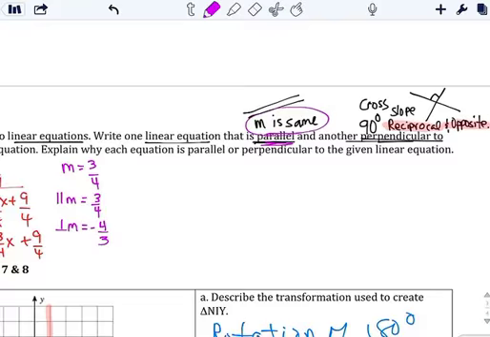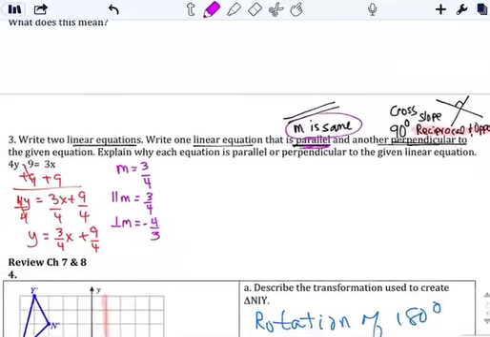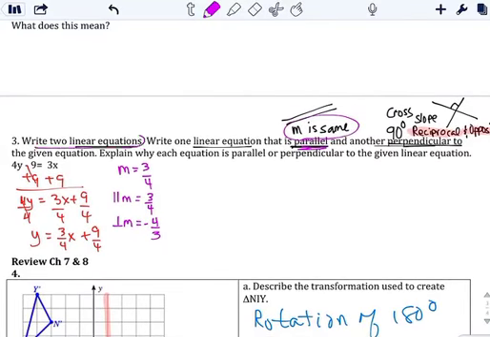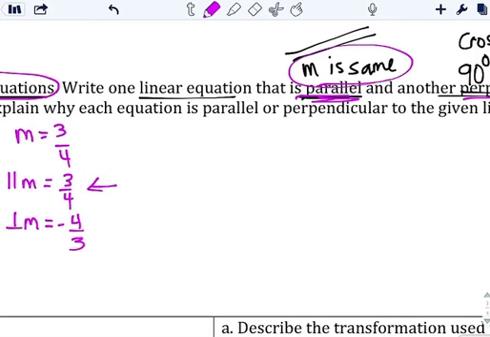Okay, and then the question is asking you to write 2 linear equations, one that is parallel and the other perpendicular. Give me an equation with this slope.